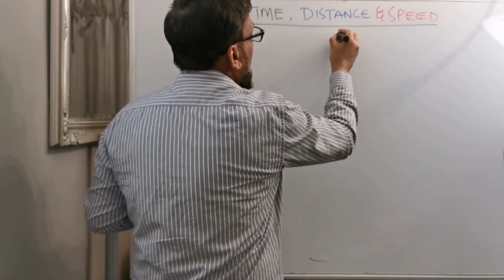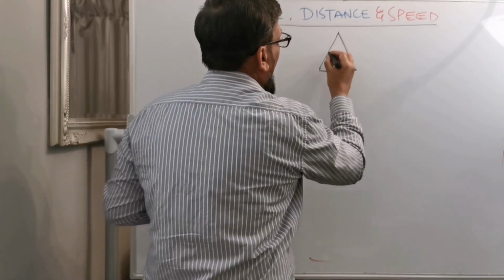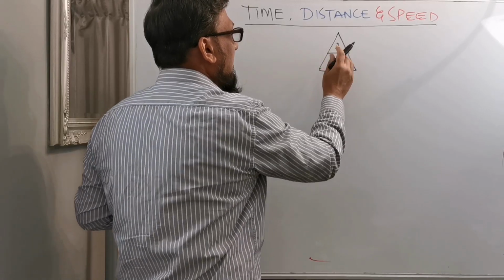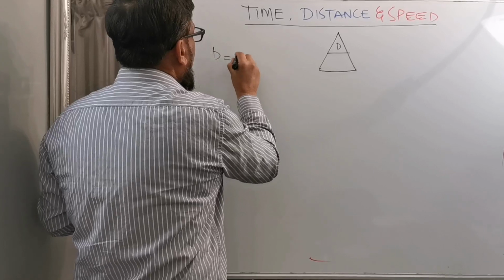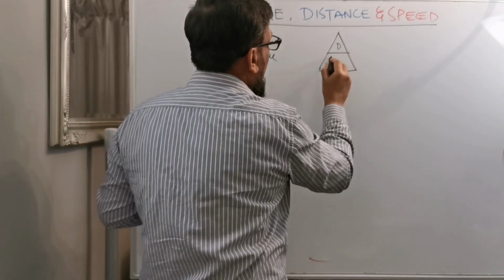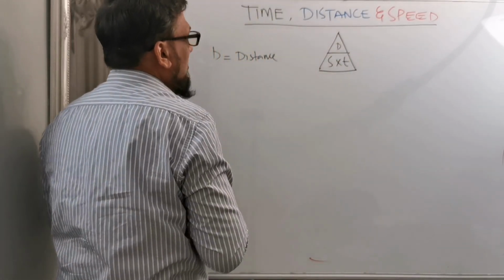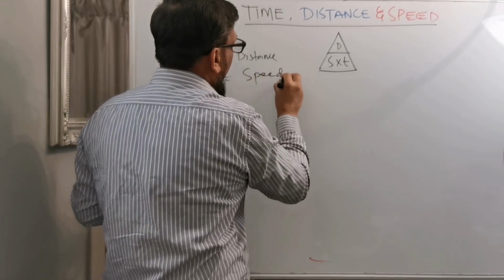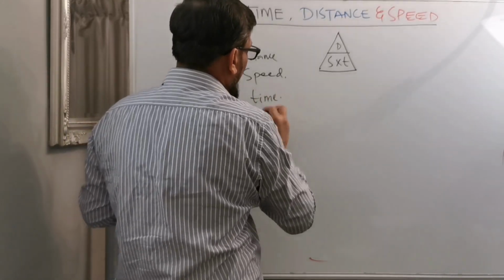So take a magic triangle, which is comprised of D for distance, speed times time. So S for speed and T for time.